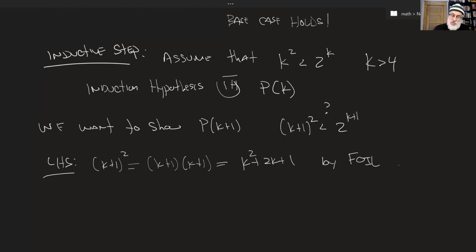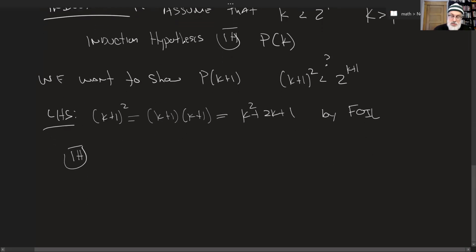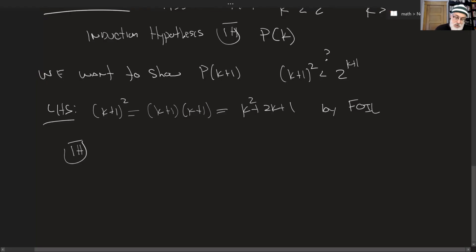So now let's look at our induction hypothesis. Why I like to write IH is so I can call it back. So the induction hypothesis, we have k squared is less than 2 to the k. Now, k is greater than 4, which means that 2k plus 1 is greater than 0.